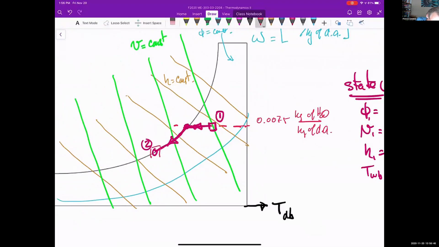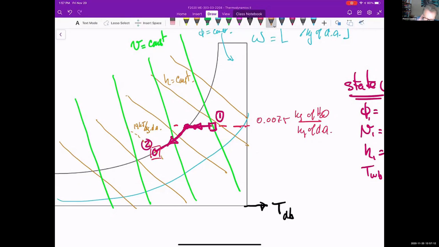This is my point 2. And this guy here is at 19 kilojoules per kg of dA. Real convenient because I have 1 kg of dA. So the total enthalpy is equal to the specific enthalpy at that particular point.